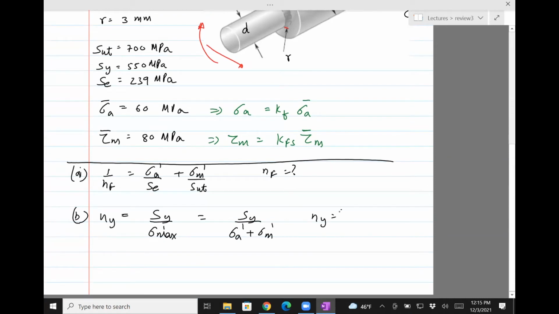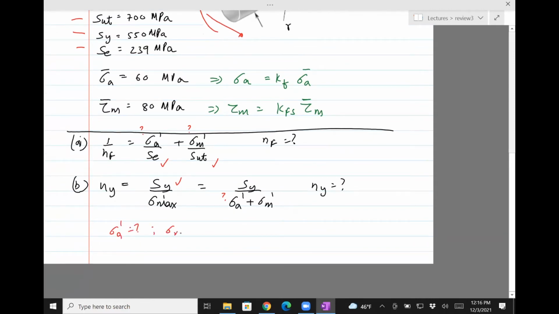So NY is unknown. Let's see what we are given and what we are not given. We're given SE, we're given SUT, we're given SY. We are not given sigma A prime, sigma M prime, sigma A, or sigma M. So we only need to find sigma A prime and sigma M prime. We know sigma A bar and tau M bar, but we don't know sigma A prime. Sigma primes are the von Mises stresses.